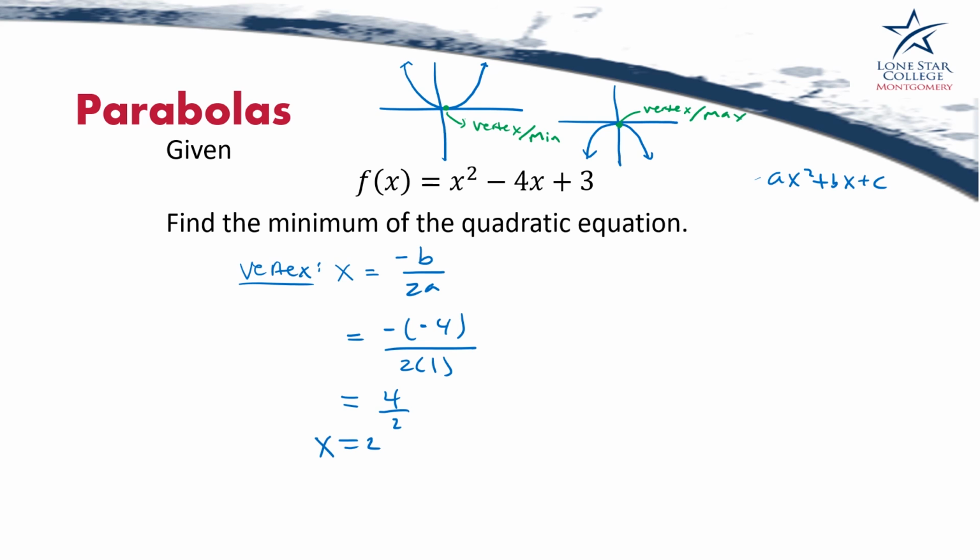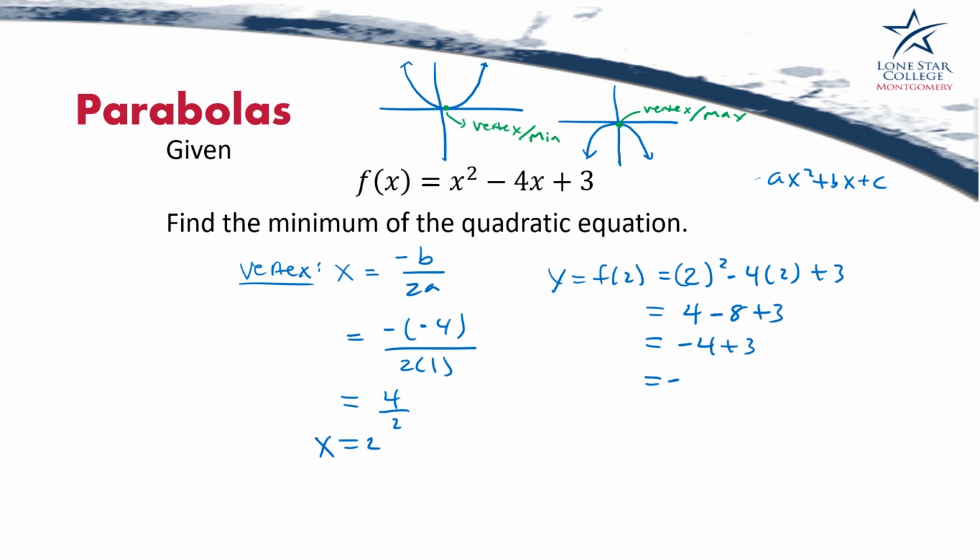Now we also need to find the y value, because we're talking about points. To find that, we just take our 2 and plug it into our function. So y would be f of 2, which is 2 squared minus 4 times 2 plus 3. So 4 minus 8 plus 3. 4 minus 8 gives us negative 4, plus 3.